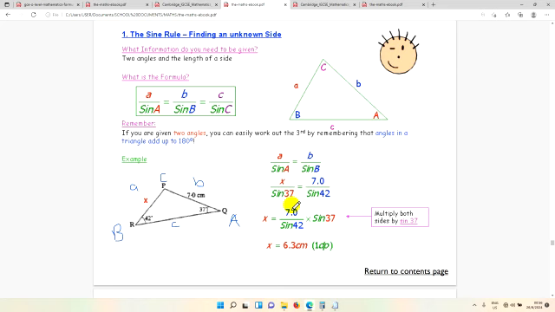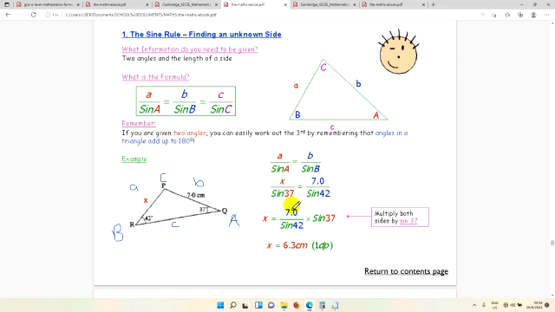Different books may write it differently, but the concept is the same. So I want you to take note of this. We are going to have 7 times sine 37, divided by sine 42, and we get something like 6.2957.